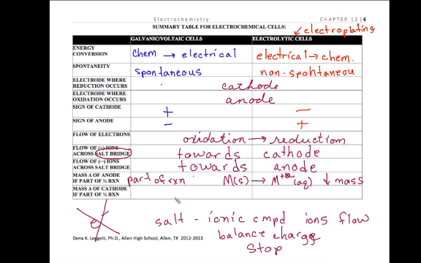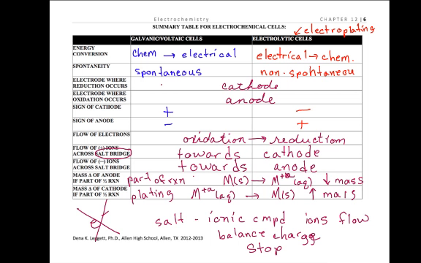It's corroding. For the cathode, we're taking our metal ions in an aqueous solution. We're reducing them. We're plating out the metal ion. So it's a plating process. And we would see an increase in mass.